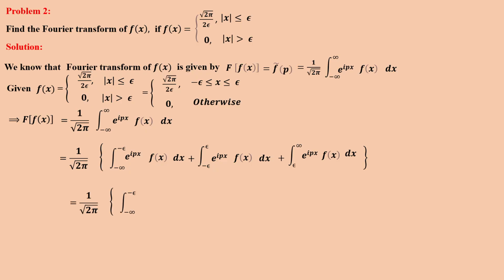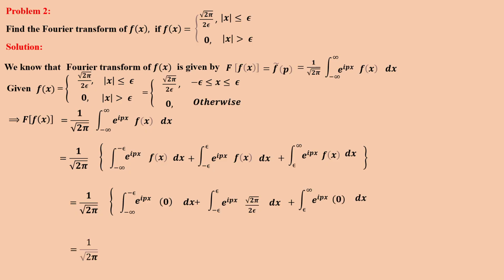So integral from minus infinity to minus epsilon e power i p x, here the f of x value is 0, dx, plus integral from minus epsilon to plus epsilon e power i p x, here the f of x value is root 2 pi by 2 epsilon, dx, plus integral from epsilon to infinity e power i p x, here the f of x value is 0, right?